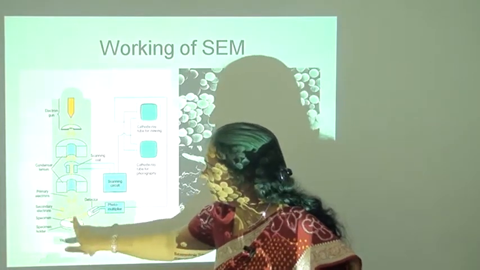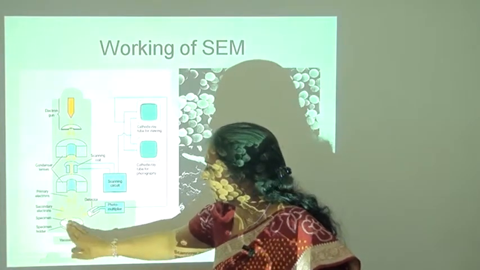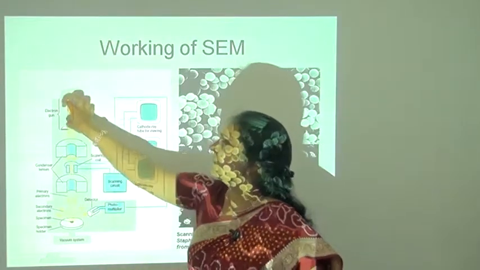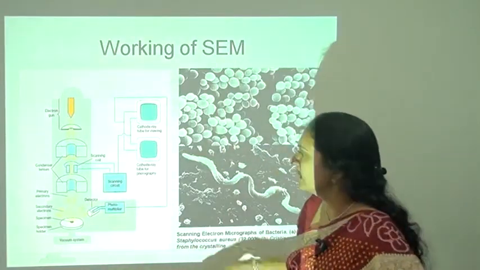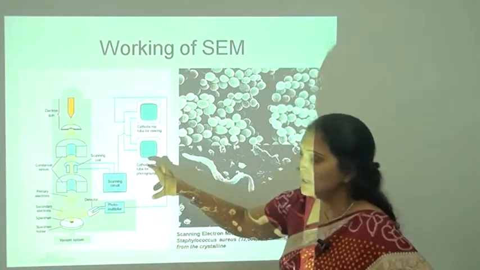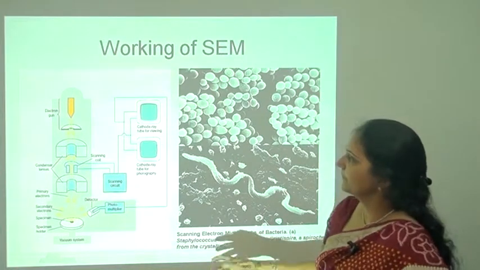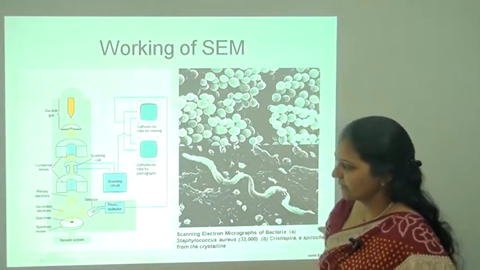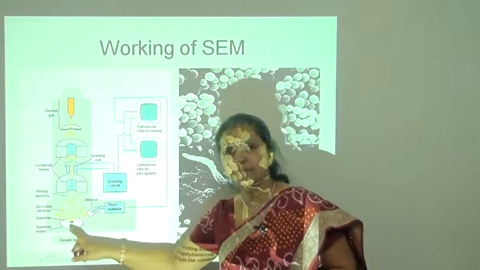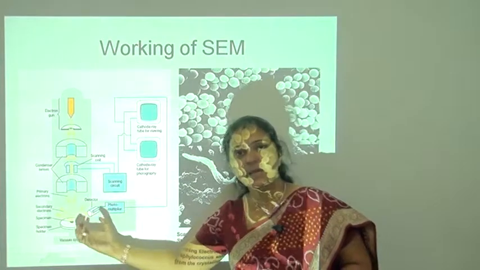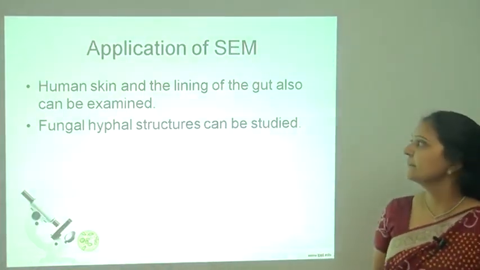The secondary electrons go away, and the primary electrons are finally captured by the electron gun. Here is the photomultiplier tube, and here we can take a photograph of the object. These are the cathode ray tubes for viewing the object, and this is the vacuum system, so that the electrons do not collide with air. So a vacuum should be created.